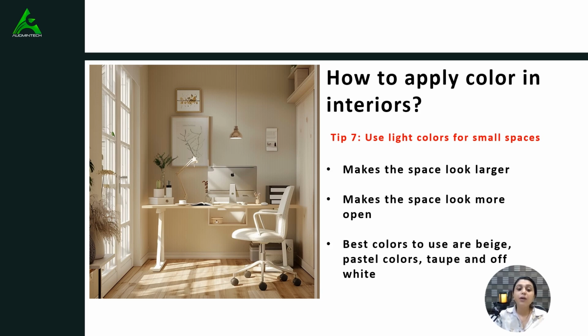But because of the natural light and the colors that we have used, it looks open and like a larger space. The best colors for small spaces are beige, pastel colors, taupe, and also shades of white. This is how you can use science and color to manipulate a space.